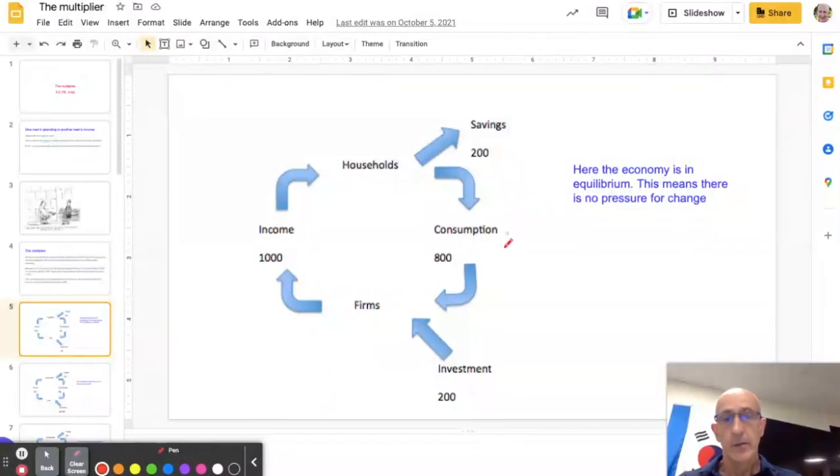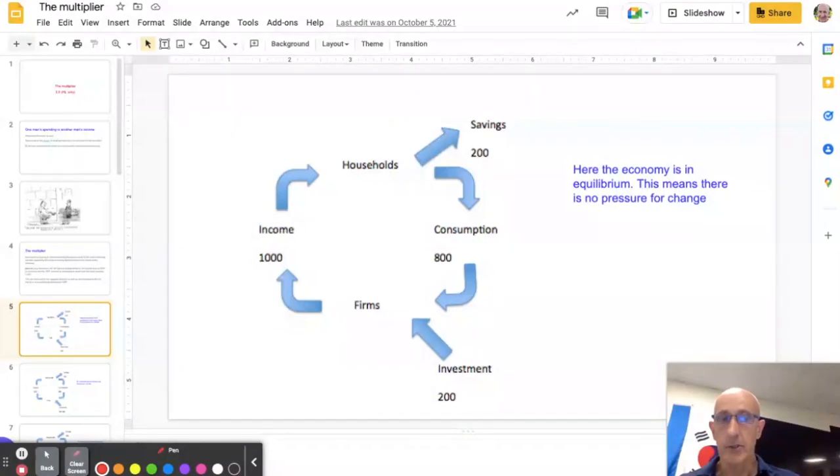Now, at the moment, we're in equilibrium in this model because the total demand in the economy, C plus I, we've only got C and I, not G and X and M, but C and I add up to 1,000, which is exactly equal to the level of income or output, shown here, which is 1,000. And then households save 20% of that, 0.2.